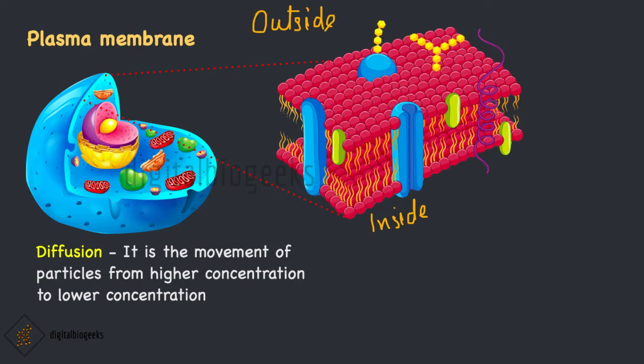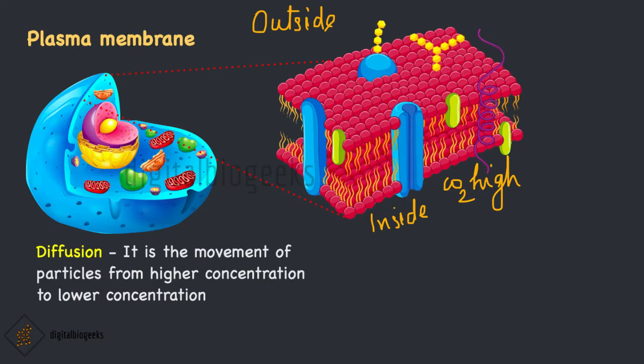If the concentration of carbon dioxide is high inside the cell, it must be eliminated as it is a waste product of cellular respiration.